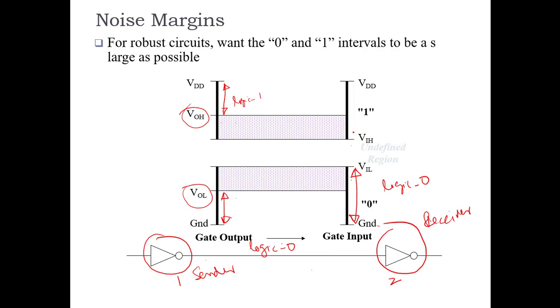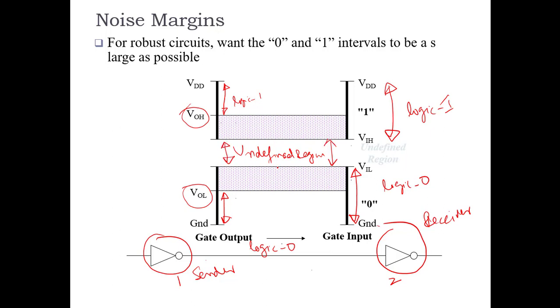If it receives any voltage between VDD and VIH, it will say it is logic 1. Okay, note this. This is the undefined region.